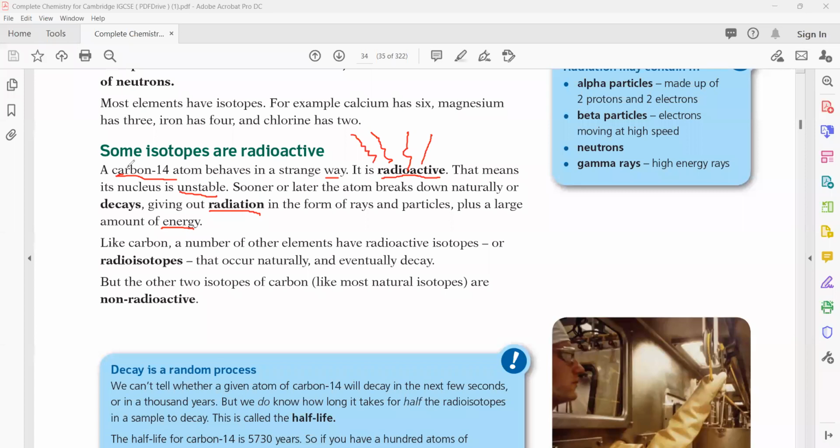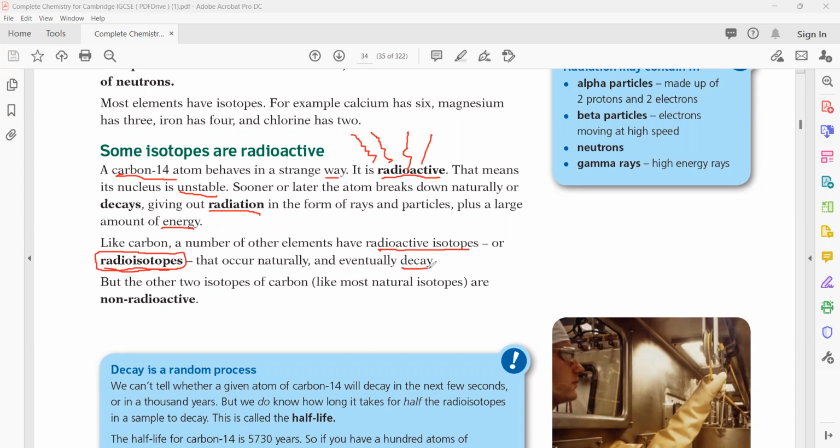When this carbon 14 atom starts to decay, a huge amount of energy is coming out. Like carbon, a number of other elements have radioactive isotopes or radioisotopes. So any isotope that gives radiations, we name as radioisotopes, that occur naturally and eventually decay.